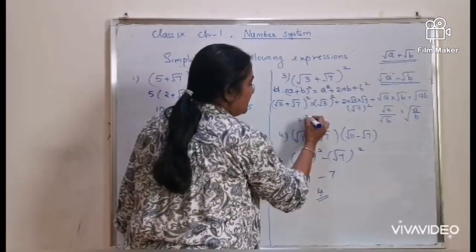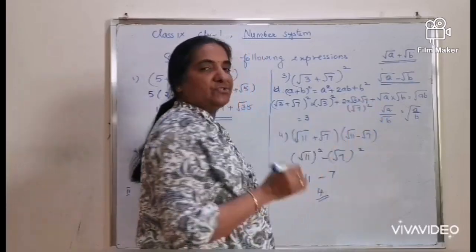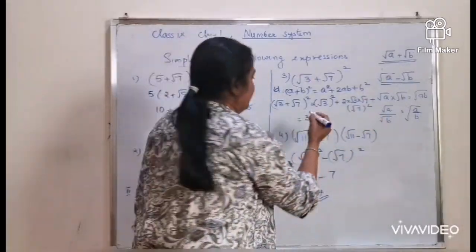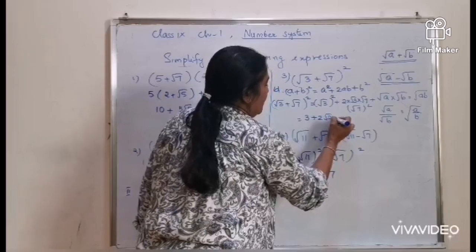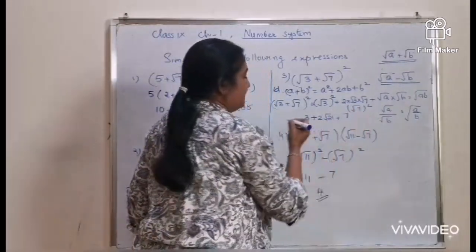Root 3 the whole square is 3. Root 3 into root 7 is root 21. 2 root 21 plus root 7 the whole square is 7.